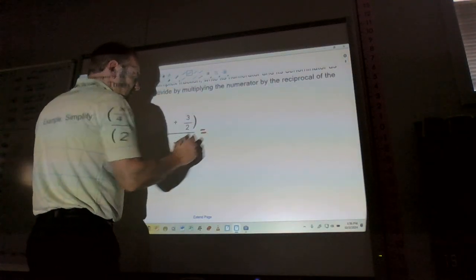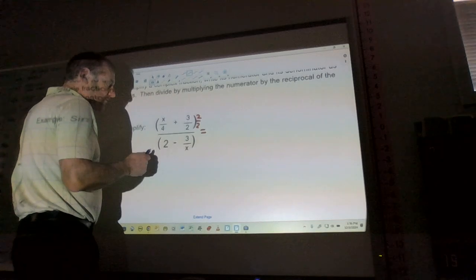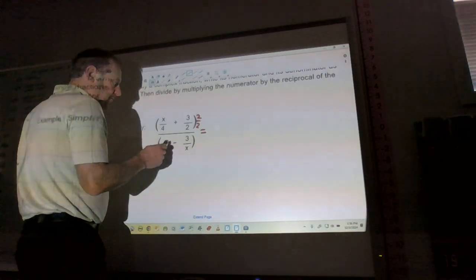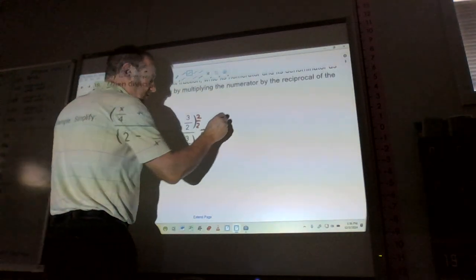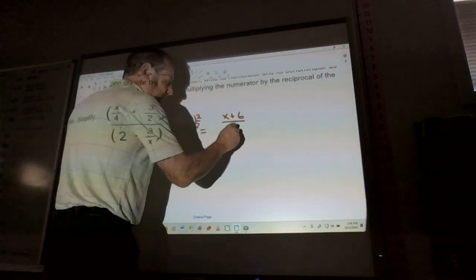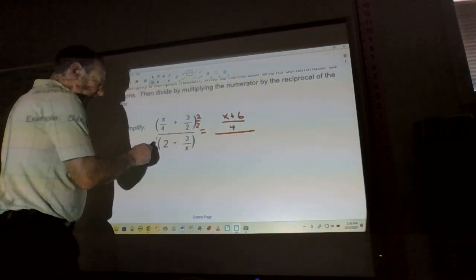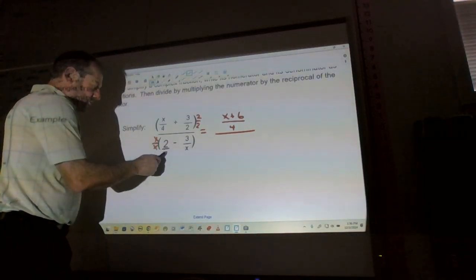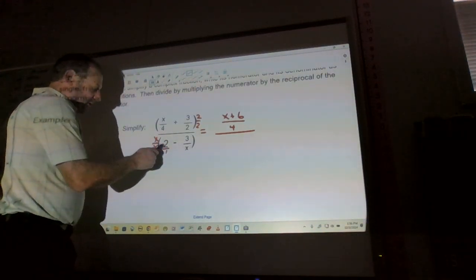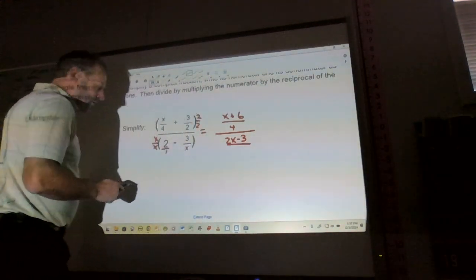So I would multiply this by 2 over 2, and I'm going to get x plus 6 over 4. And now I'm going to multiply this by x over x, because this is 2 over 1, right? So I'm going to get 2x minus 3 over x.